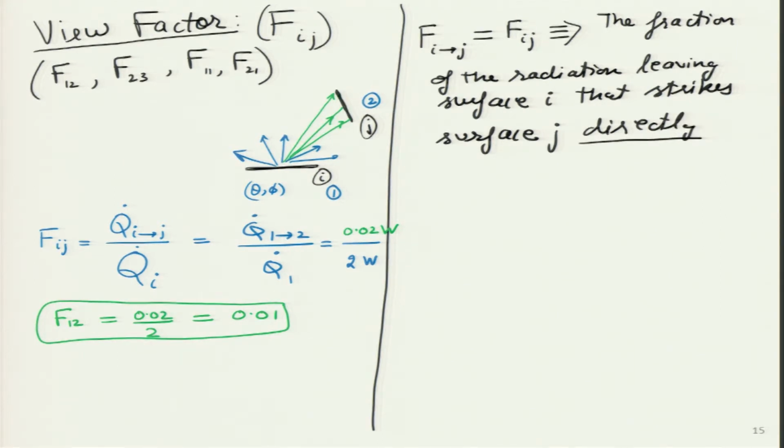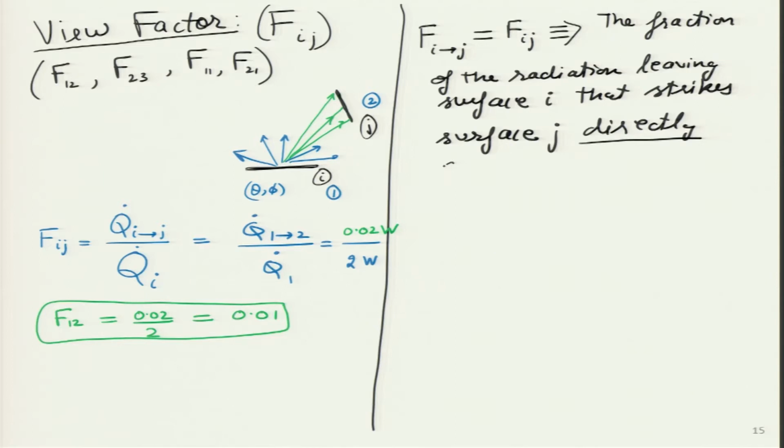We are not interested in that component which hits another third body and then hits surface 2. So, something which leaves surface 1, hits surface 3 and then is incident on surface 2, that amount of radiation we will not consider over here. So, this definition directly helps us figure out the numerator and denominator.